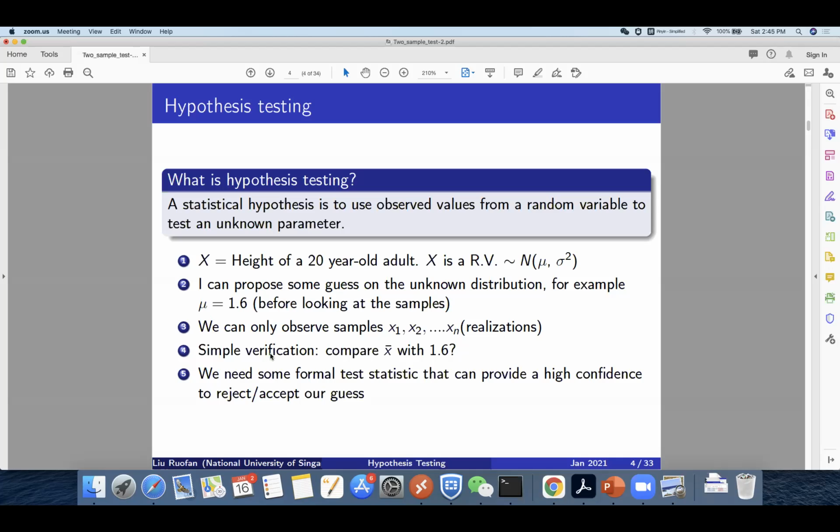A very crude verification is that we just compare x bar with 1.6. If x bar is close to 1.6, then we think our guess is maybe reasonable. Otherwise, we reject our guess and think mu is not equal to 1.6. But we need some formal test statistic that can provide a high confidence to reject or accept our guess, instead of simply taking the difference between x bar and 1.6.